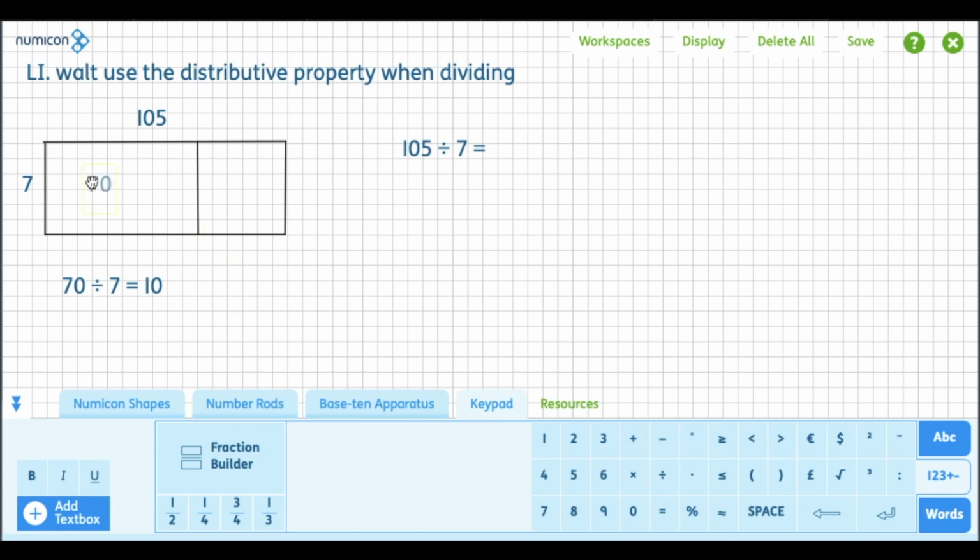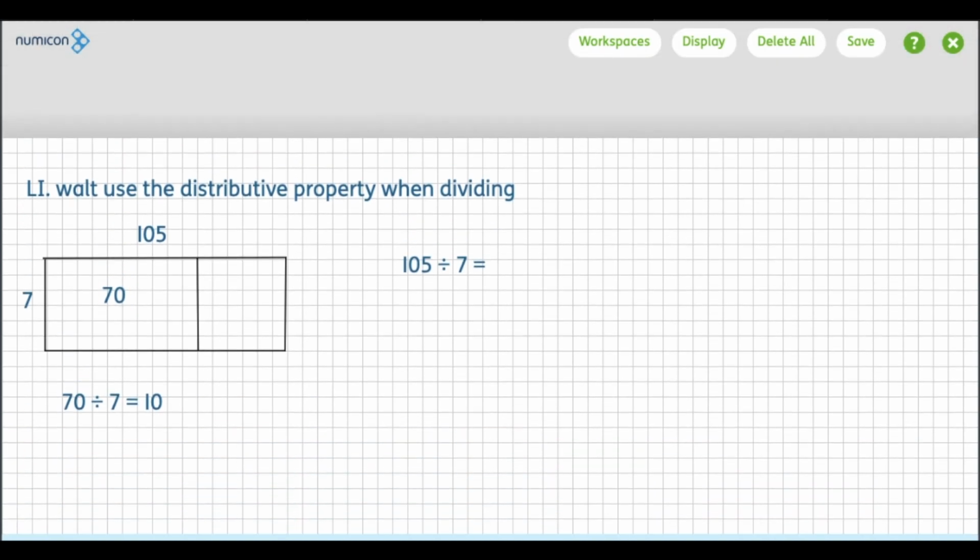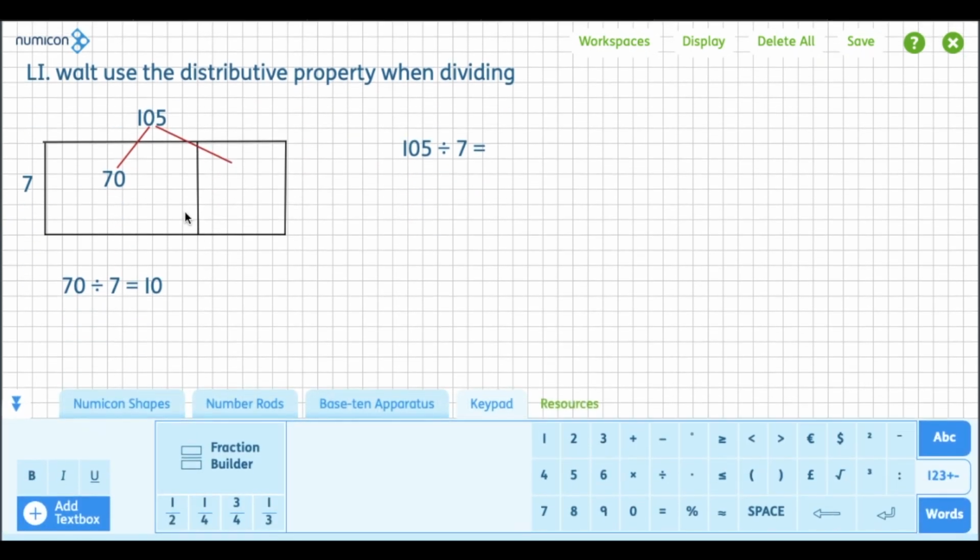All right, now what I've done is I've used up this 70, haven't I? These guys are accounted for, which means I've split up 105 into 70. Now I need to work out what's left over of 105. So how many more stewards do I need to split up?